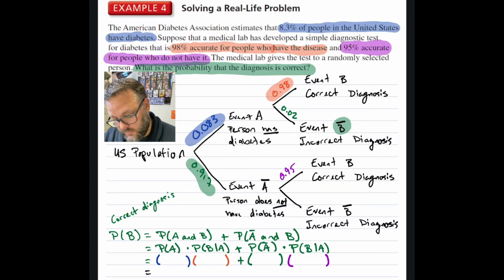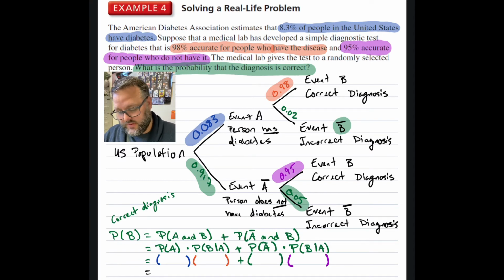Now down here, somebody goes in, they're not diagnosed with diabetes. They fell into the 91.7% chance of people who don't get diagnosed with diabetes. And 95% of the time, that's a correct diagnosis. However, that means that 0.5% of the time, that was a wrong diagnosis based on the test that was given.